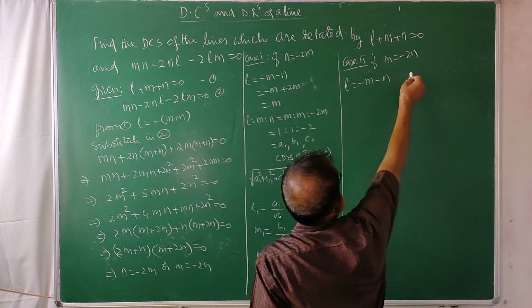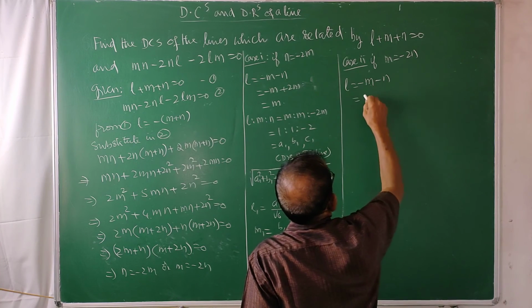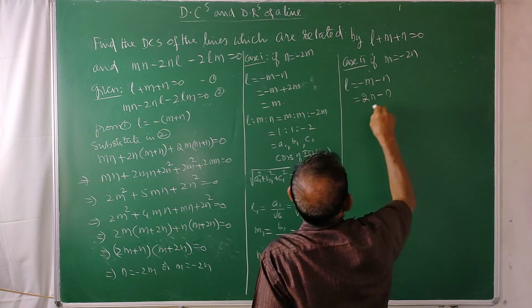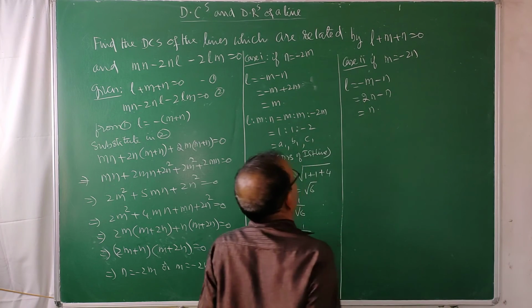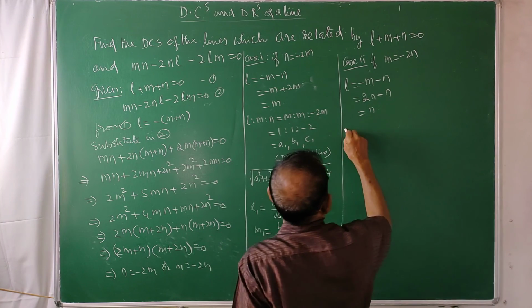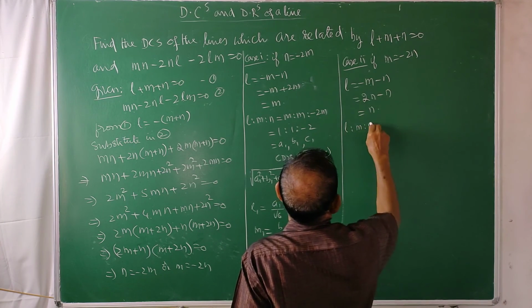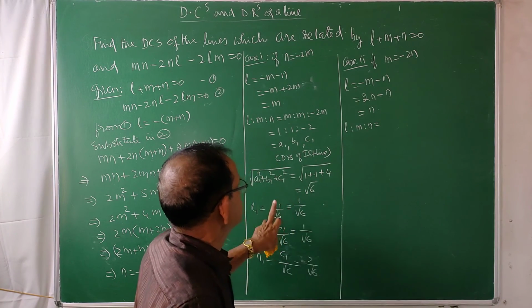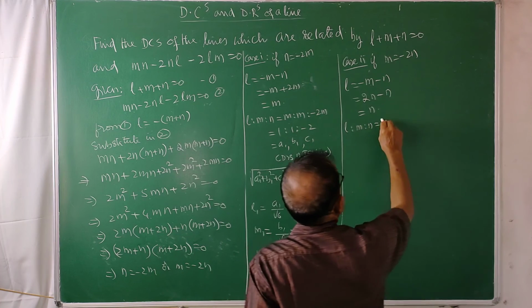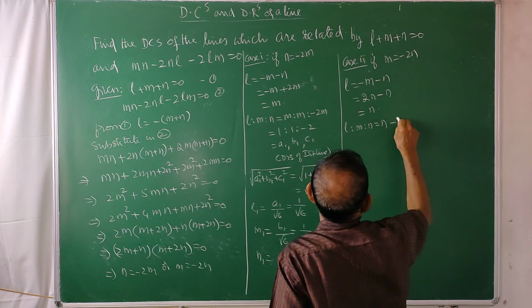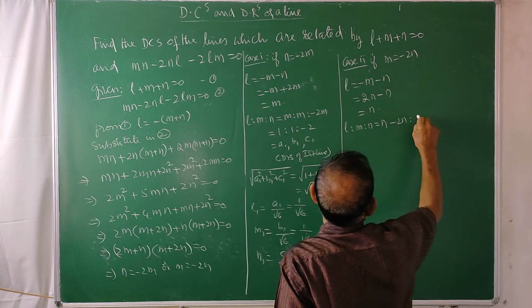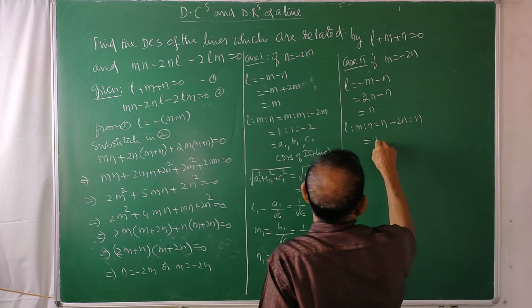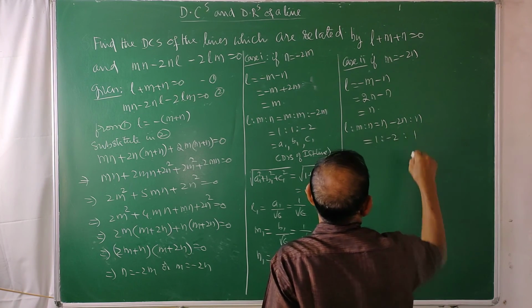Write the value of m as minus 2n, minus of minus 2n minus n, that is plus 2n minus n, equal to n. Now what is L is to m is to n? L is n, m is minus 2n, n is n only. So that is 1 is to minus 2 is to 1.